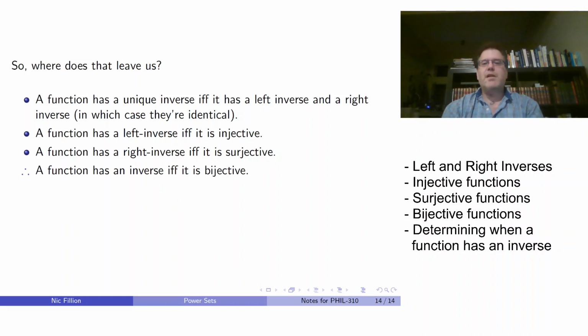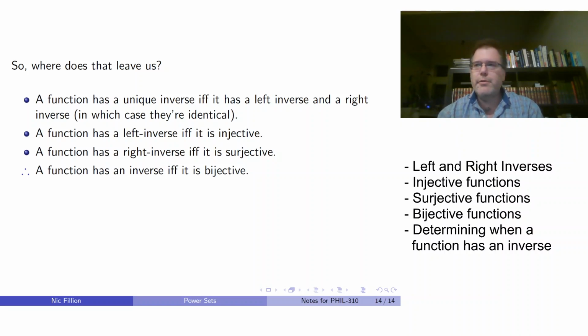And then that leaves us with that conclusion that a function has an inverse if and only if it's bijective, a one-to-one correspondence, like we saw on the pictures. Now, figuring out that a function is one-to-one is much easier. You can really just look at the function, the way it's defined, and it's going to be quite a bit easier to figure out whether it is a one-to-one correspondence, that is to say a bijection.